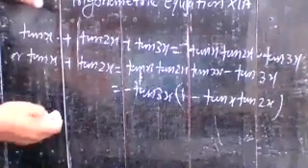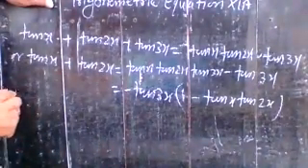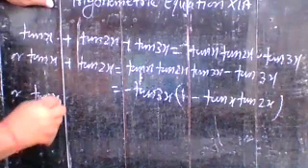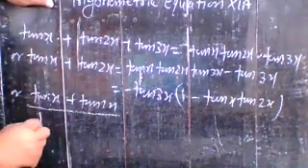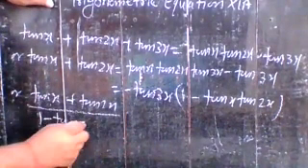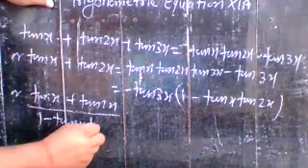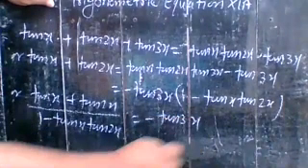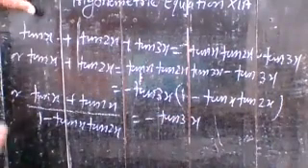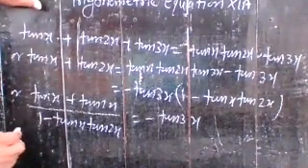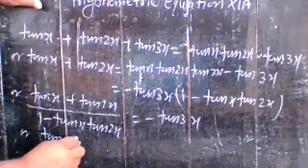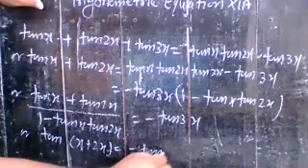Now transfer it to the left side. So you have tan x plus tan 2x divided by 1 minus tan x into tan 2x is equal to minus tan 3x. And here you have the formula. Applying the identity, tan of x plus 2x is equal to minus tan 3x.